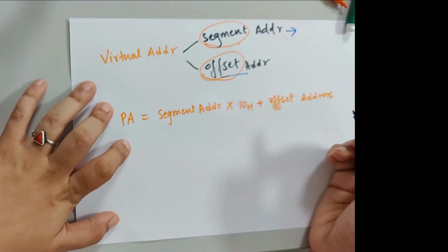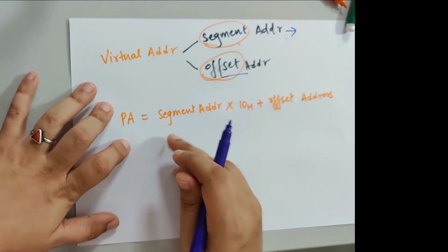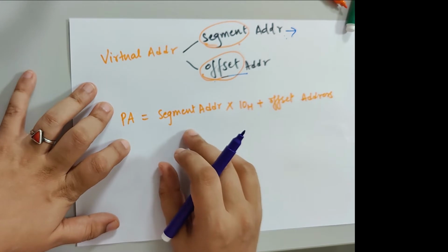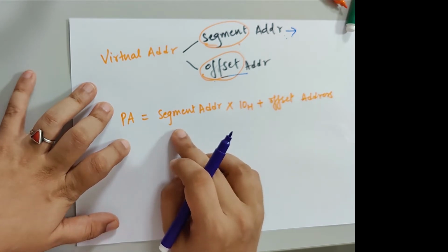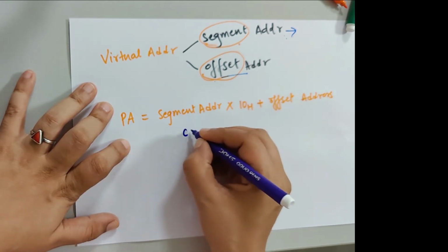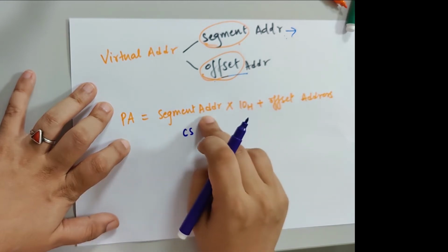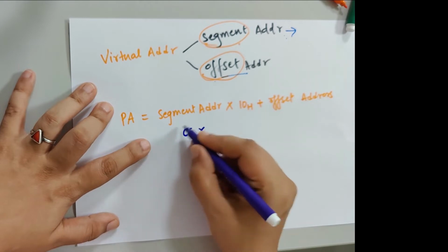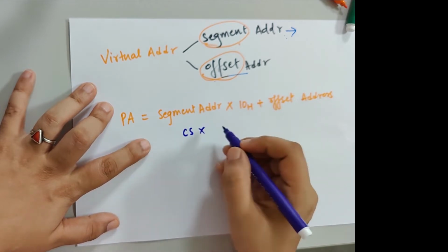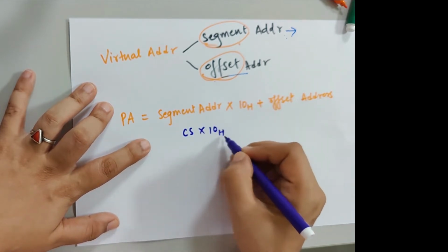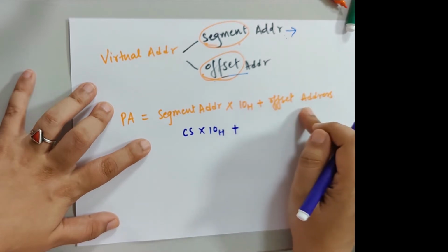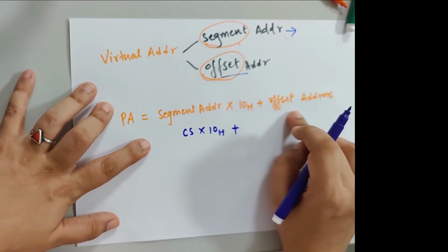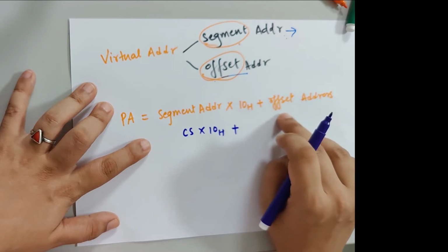Okay, suppose I talk about the code segment. The segment register for the code segment is called CS. So the CS register will have the segment address in case of the code segment, and whatever value is in the CS register will be multiplied by 10H, plus the value in the offset register. So the offset address will be in the offset register.